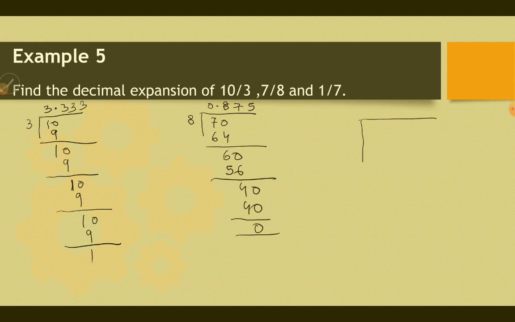1 by 7. So 7 is the divisor and 1 is the dividend.